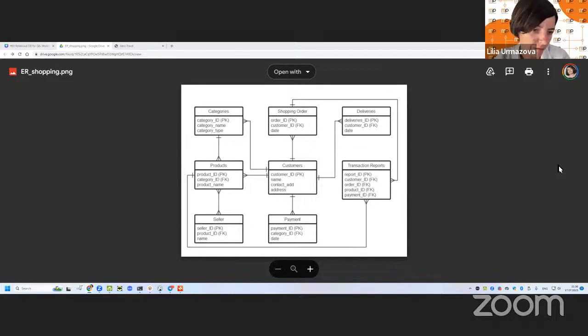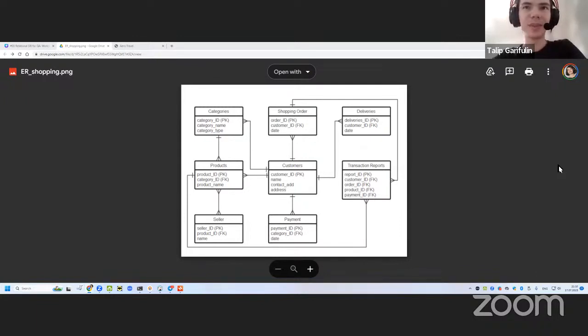Yes, but it is that auxiliary table that connected all that stuff together: customer, the order ID, product ID, and payment ID. And through this table, we could get any information.